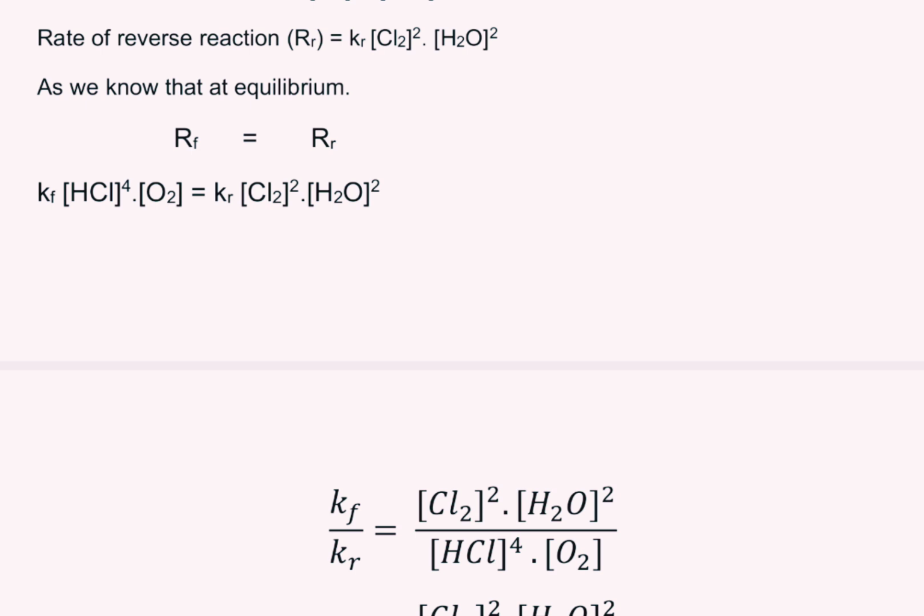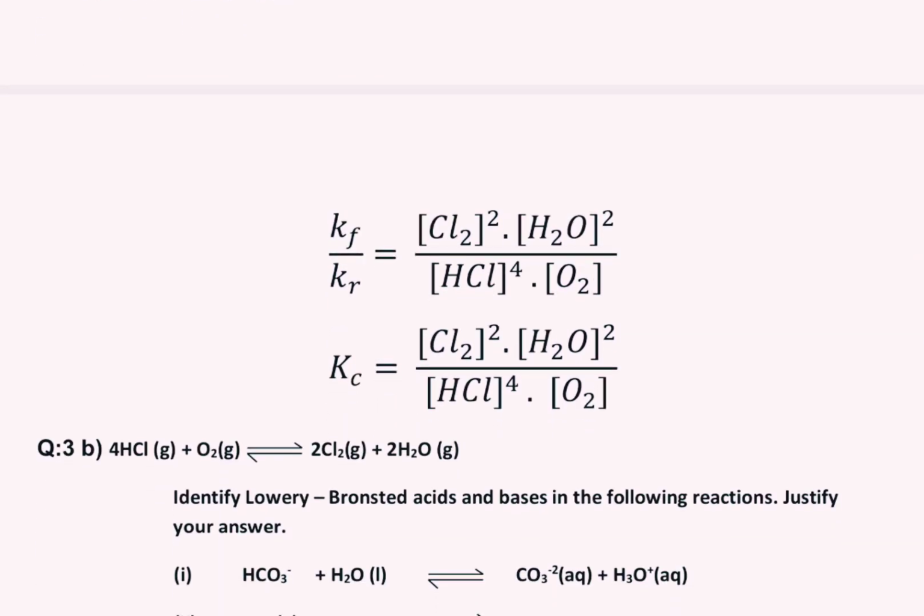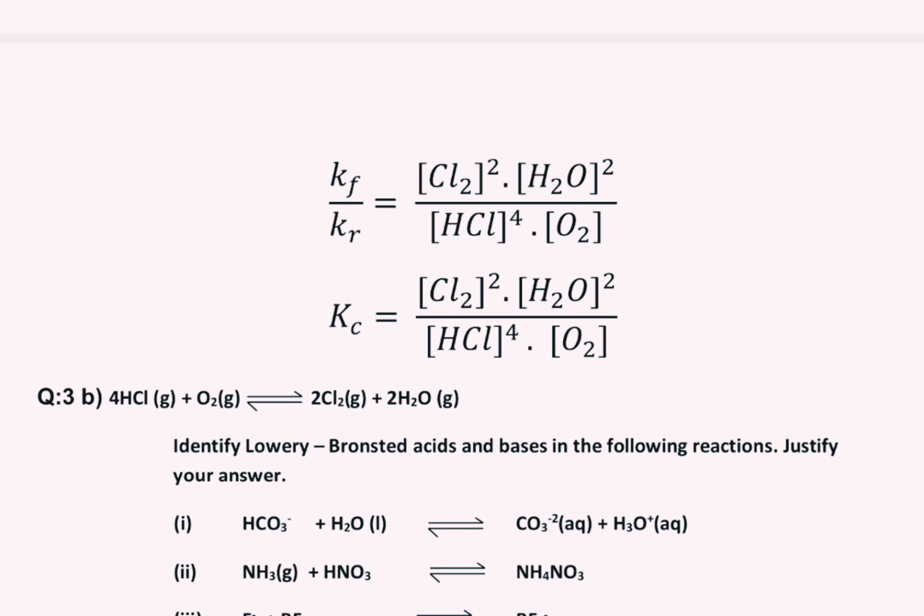So here we have Kf over Kr equal to the product ratio divided by the reactant ratio, and here we generate the Kc expression. And you can determine the unit if it's asked in the question: you just need to put mole per decimeter cube in place of all of the products or reactants given there.